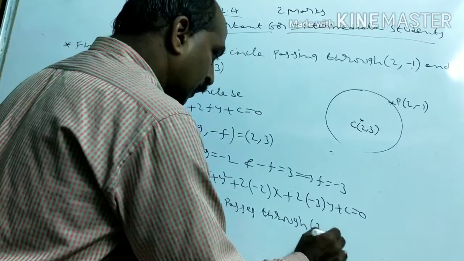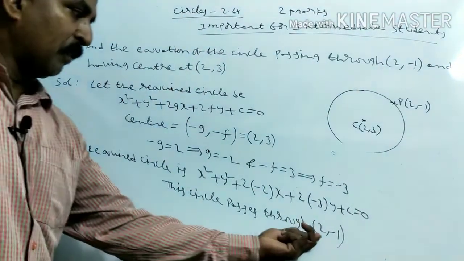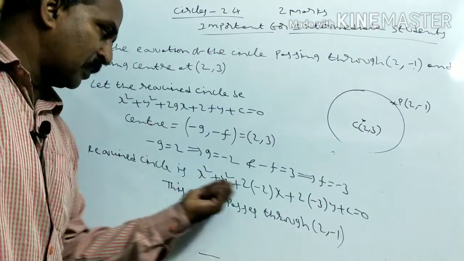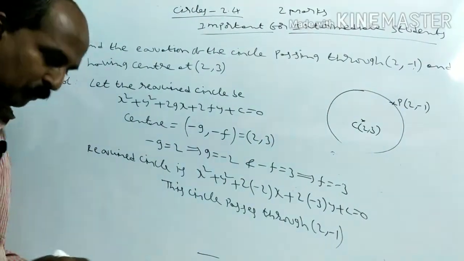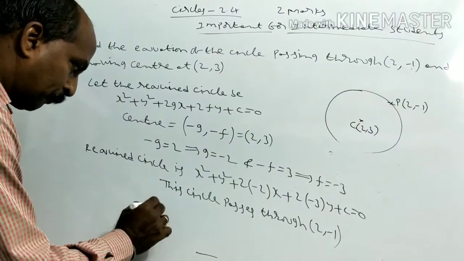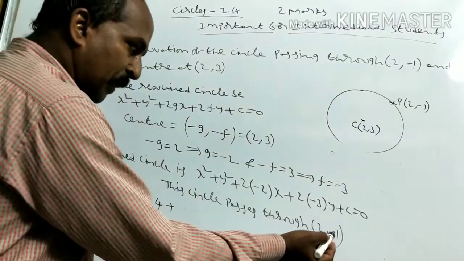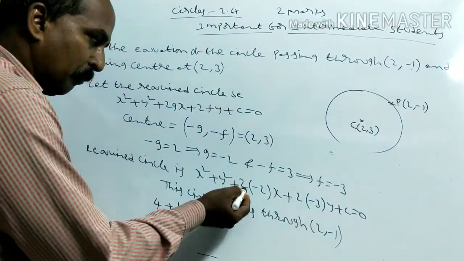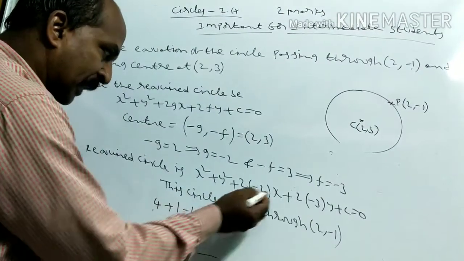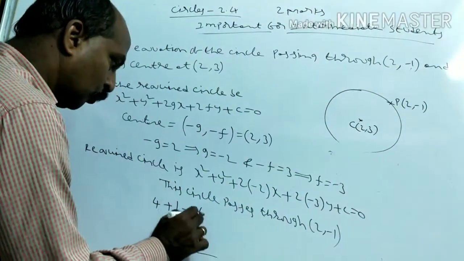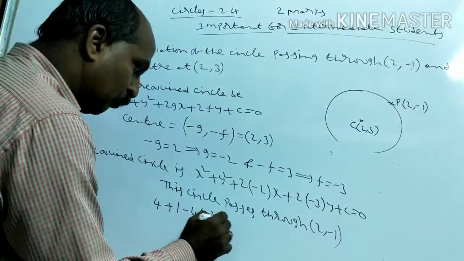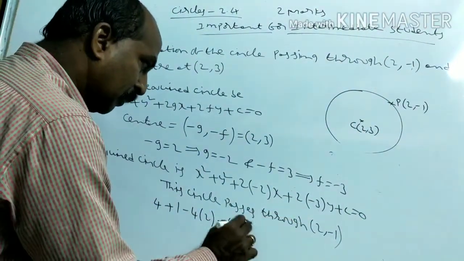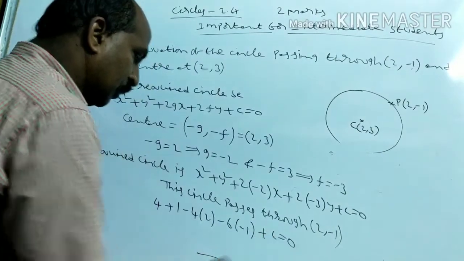So put x equal to 2, y equal to -1 in this circle. We get 2 square, 4, plus (-1) whole square, 1, minus 4 into 2, minus 2 into -3, minus 6 into -1, plus c equal to 0.